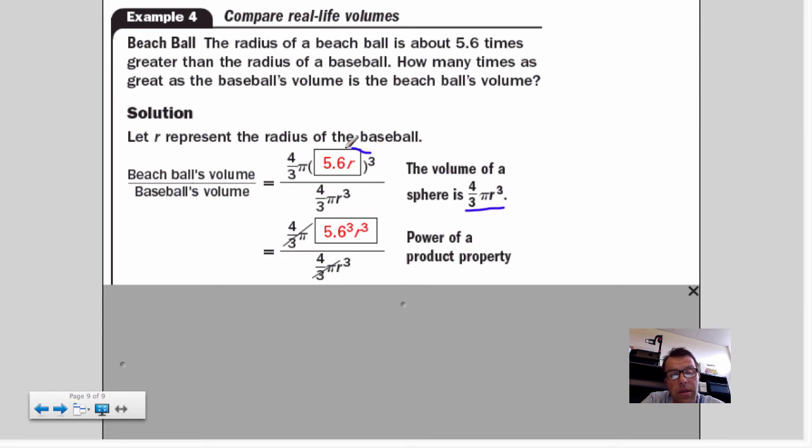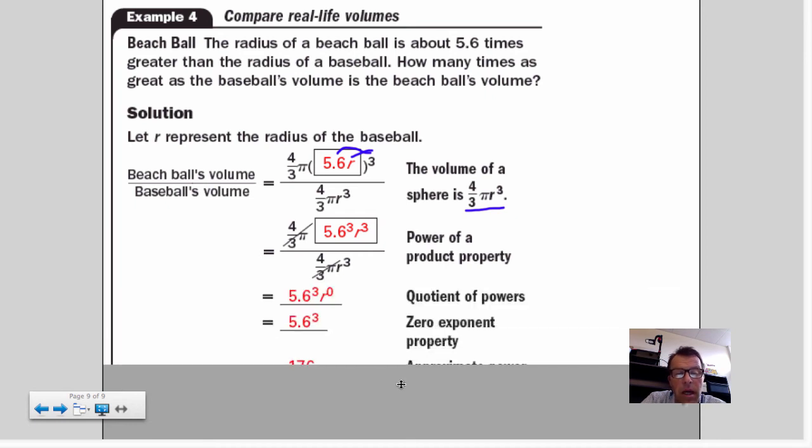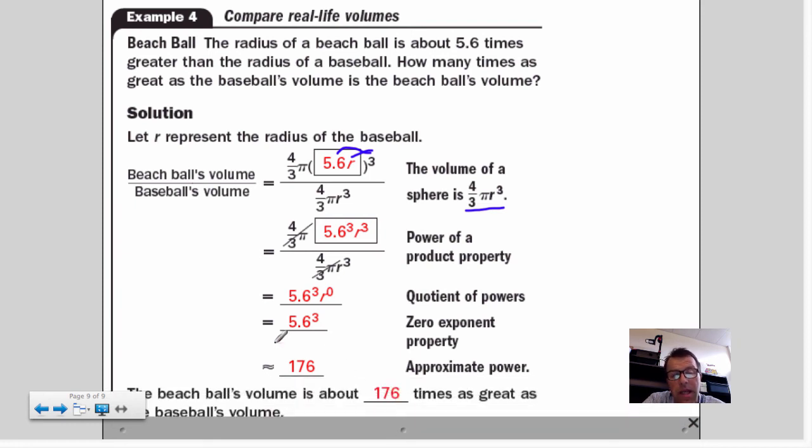So that's really why this example is here, right? We're going to distribute this power 3 to both the 5.6 and to the radius. And then we see that even though the radius is 5.6 times larger, the volume is 176 times as much as the basketball's volume. I think that finishes it.